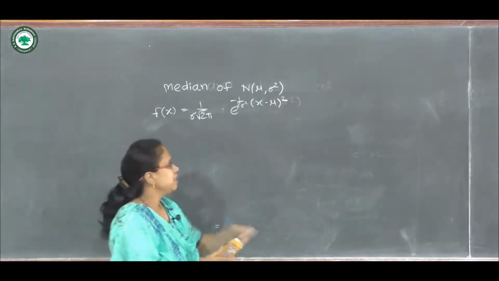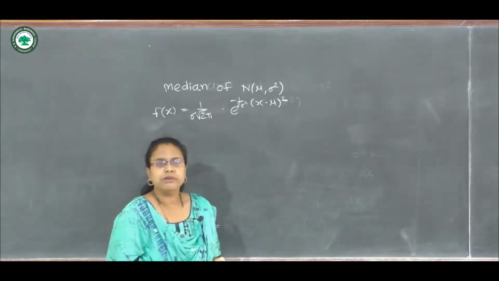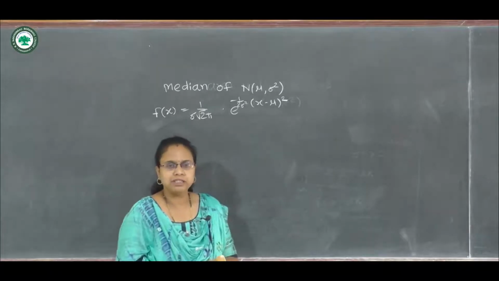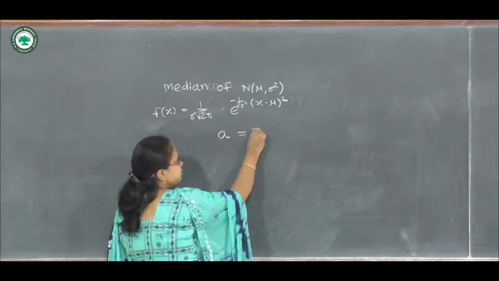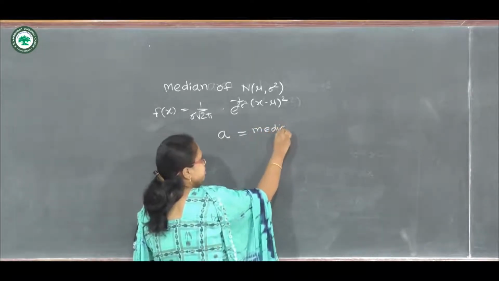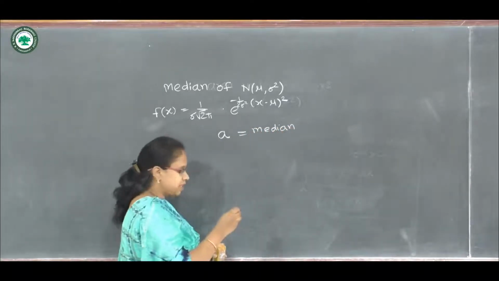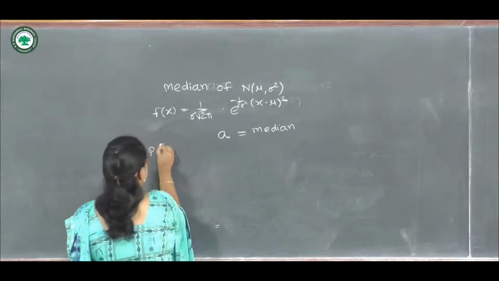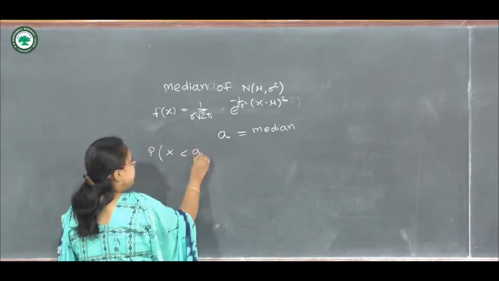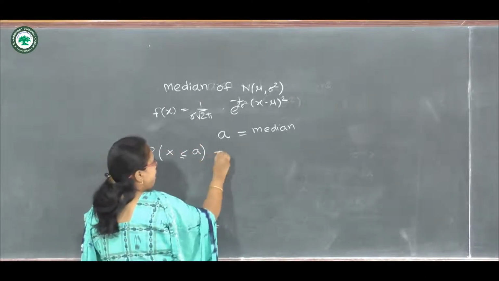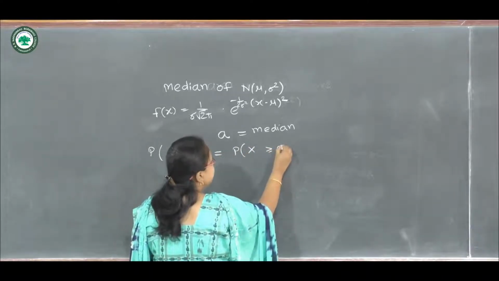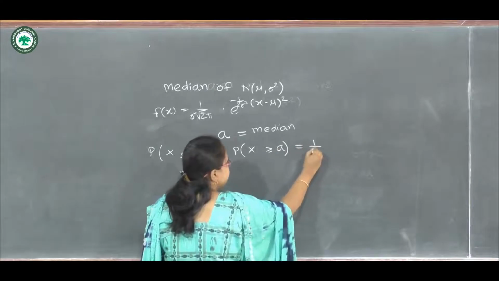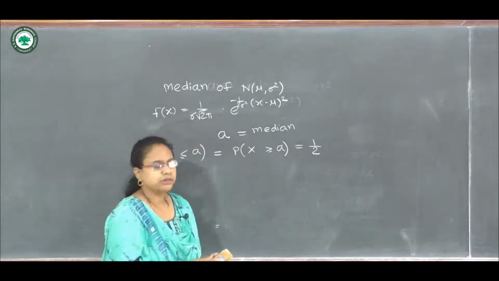I am not writing here the range. Now if we want to obtain the median, let us suppose that this point A is the median. Then by definition we know that probability of x below the median, or below A, equals probability of x greater than or equal to A. This is half. So this we know that.